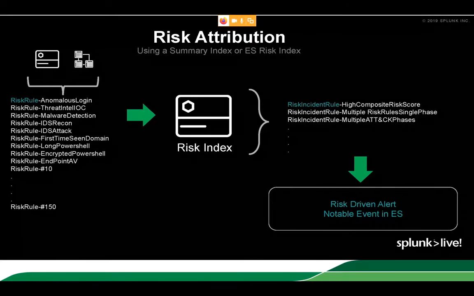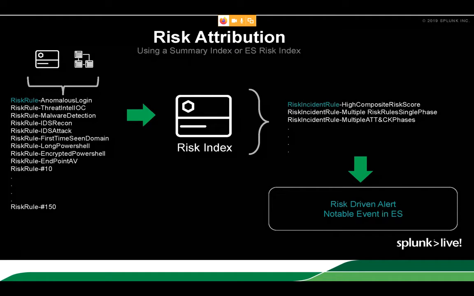All these attributes are based on business definitions around it. If you look at the left-hand side, there are some pre-configured risk rules, and then there is a risk index.